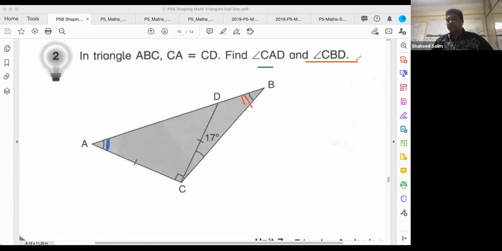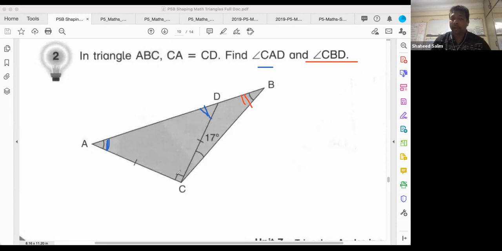Farish, can do? Can. Farish, you forgot something. Hey, these two angles are the same, boys and girls. Remember, you have a line down here. Ikan pari, stingray. These two are the same. So what must you do? Take 180 minus 90. You get 90, but must divide by 2.